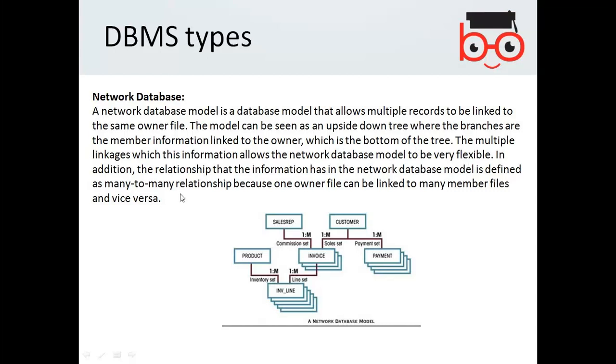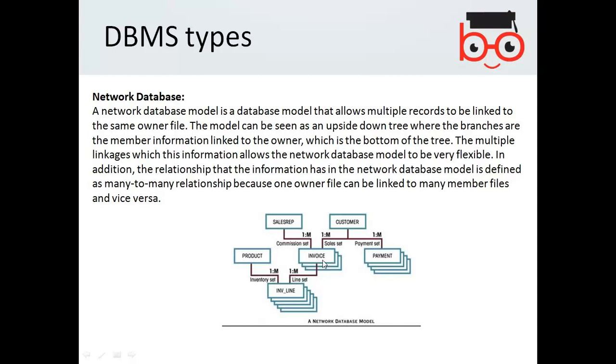In addition, the relationship that the information has in the network database model is defined as a many-to-many relationship, because the owner of the file can be linked to any member files and vice versa. So here, one sales representative is connected with an invoice.